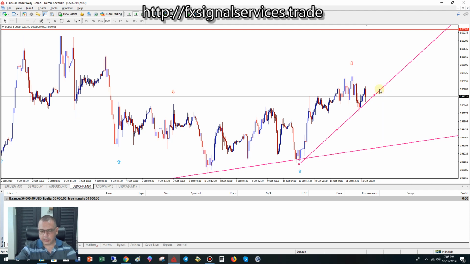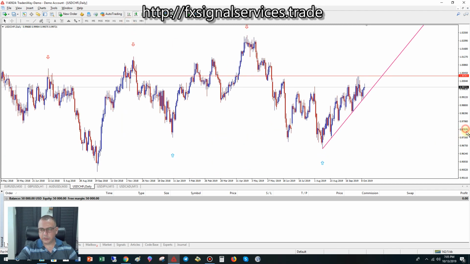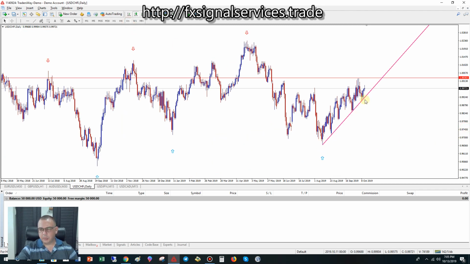And I could delete this right here just so the screen is not cluttered. But if I go back to the daily chart, we see this is the uptrend. So once this trend line is broken, then we'll have a new downtrend forming. And I feel that this is going to happen this coming week.